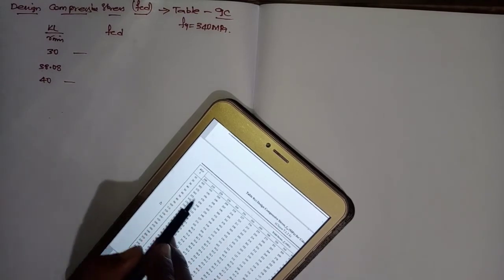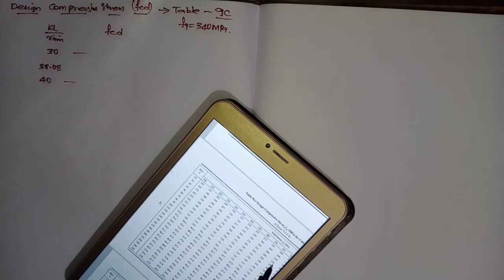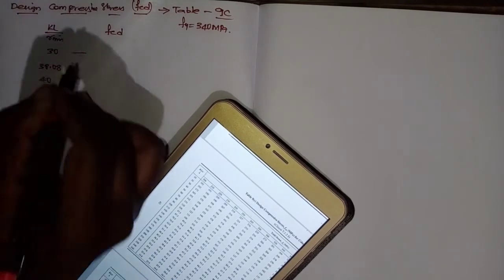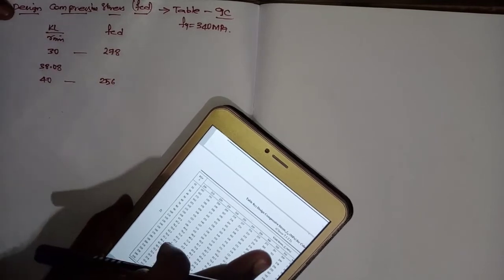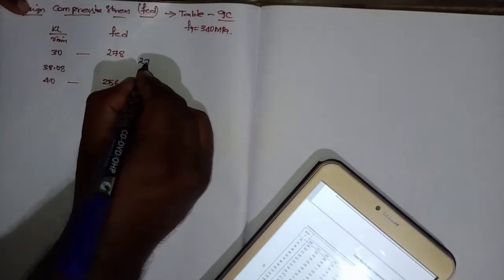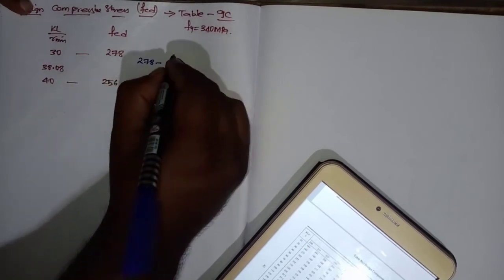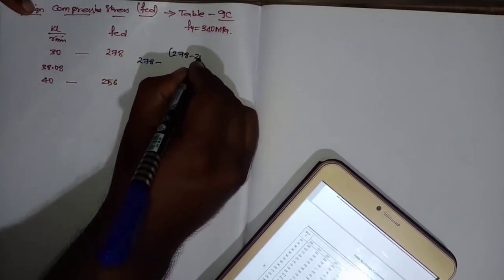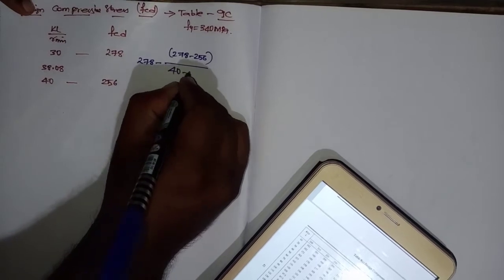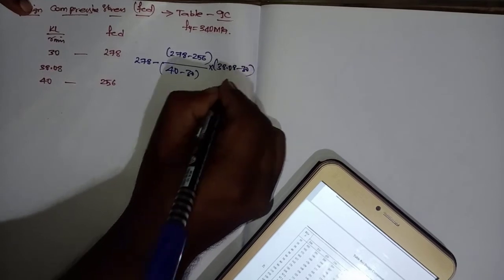For 38.08, what is the FCD value you are supposed to calculate? This is 9C, this is 30 and 40. For 30 it is 278 and for 40 it is 256. So 278 minus 256 divided by 40 minus 30 into 38.08 minus 30.